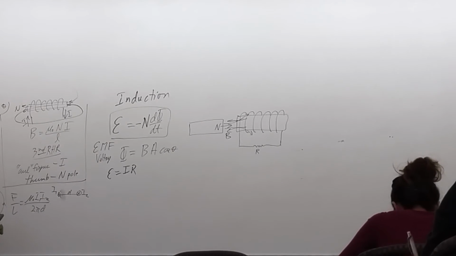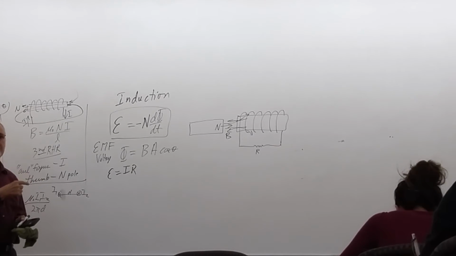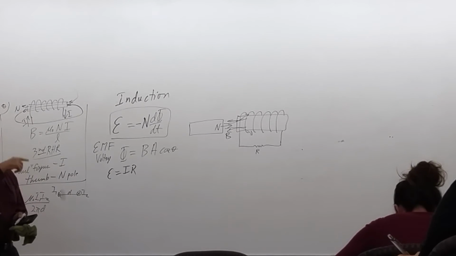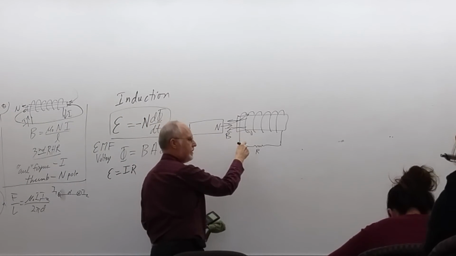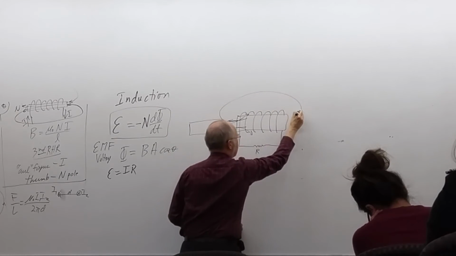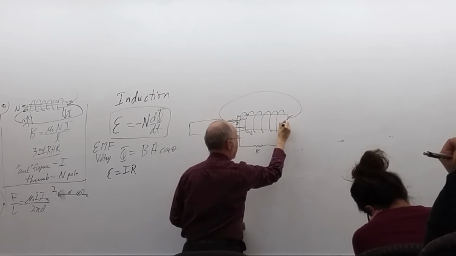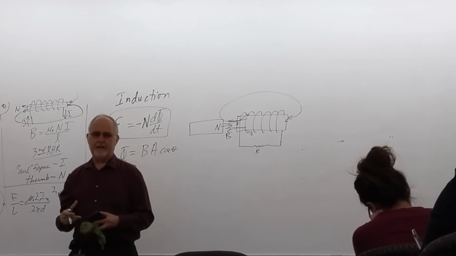But if the current's going out of an end, that's the north pole, right? Field lines go from the north around to the south. So this field being produced by this induced current is going this way, coming in that end. So this is the north pole, that's the south pole of this induced current in my coil.